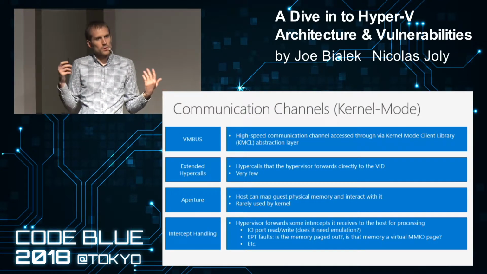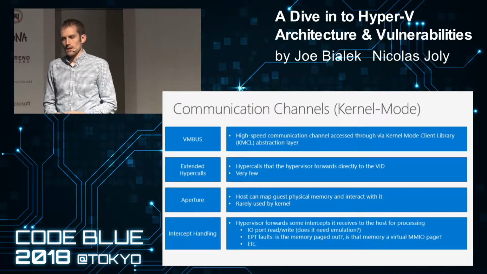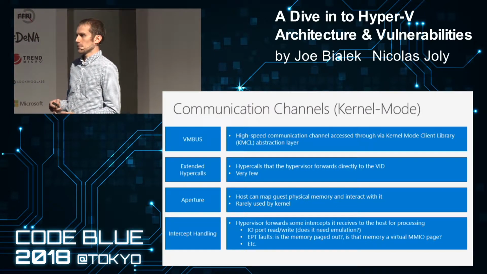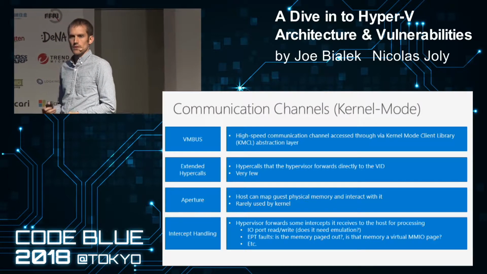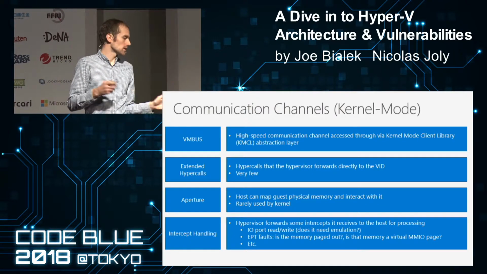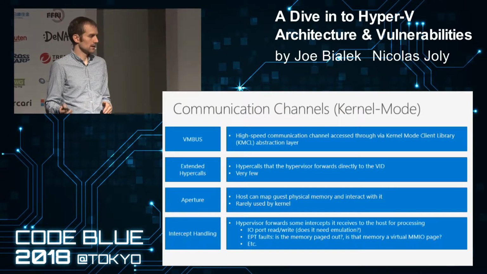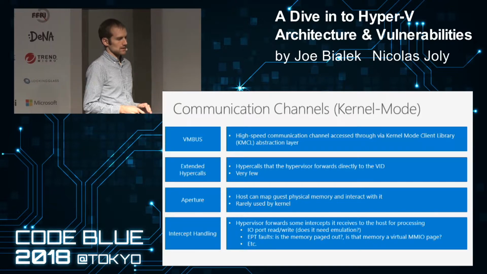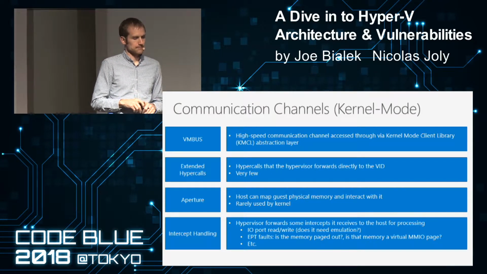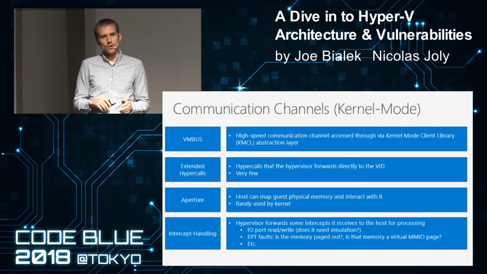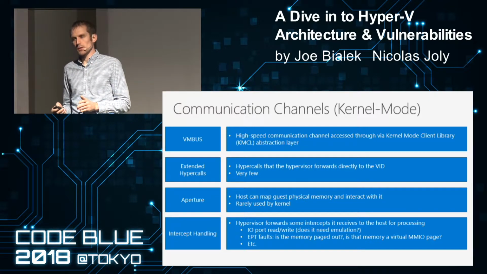So how do you communicate with kernel mode components? The primary way you communicate with Hyper-V's kernel mode components is over the VM bus. And we're going to talk more about how VM bus works in just a minute, so I'm just going to leave it at that for now. The next way is through what we call extended hypercalls.